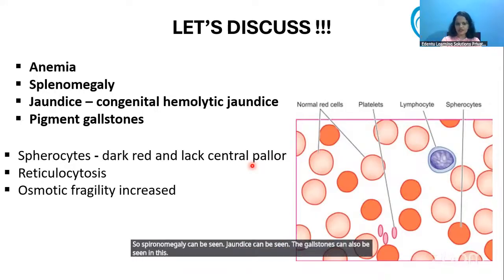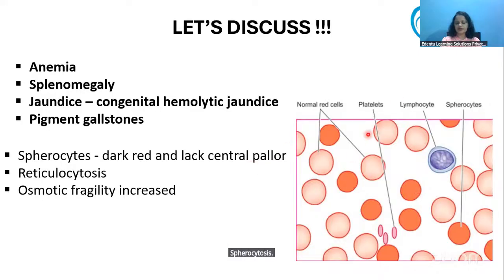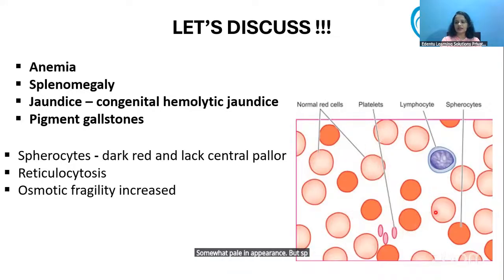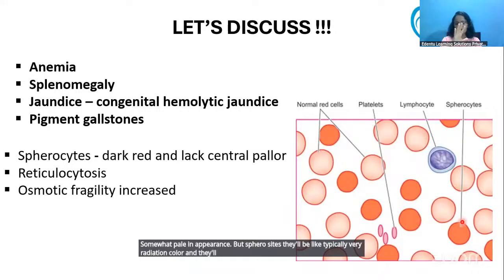If you look at the peripheral blood smear, this is how a normal red cell will look: somewhat pale in appearance. But spherocytes typically look very reddish in color, and they are perfectly round in the peripheral blood smear.